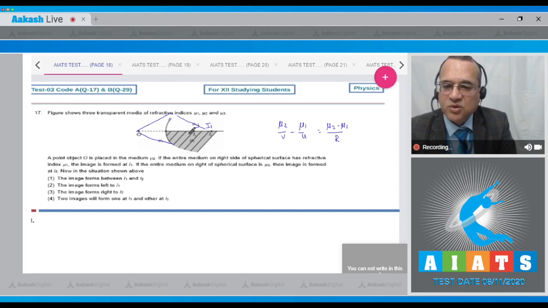If mu3 is more than mu2, then it will be closer, otherwise it can be at a far distance. Originally, when it was complete with the refractive index of mu3, the image was this one. So in the upper and lower parts, with different refractive indexes, two images will be formed, one at I1 and the other at I2. Therefore, the answer to this question is option number 4.